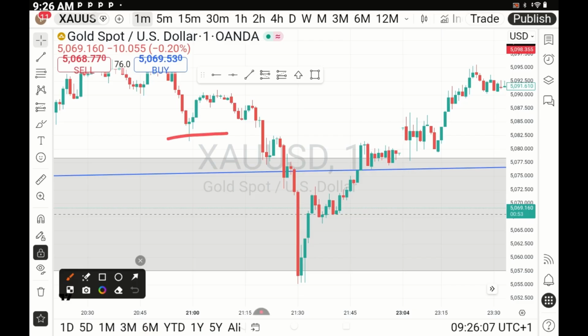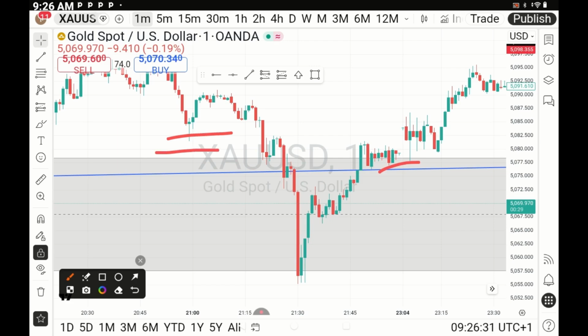Okay, this is like a head and shoulder bottom we have here. It's showing a reversal, a bullish reversal, I mean a bearish reversal, meaning that you want to change from bearish to bullish. All right, this is what this is supposed to mean.